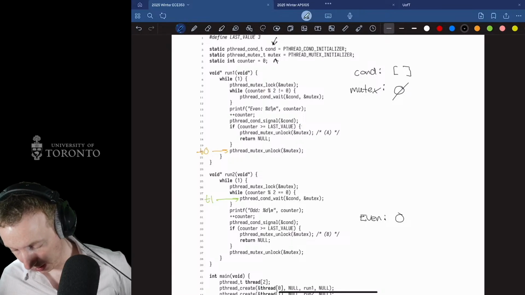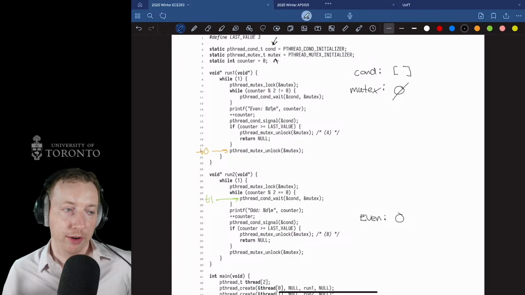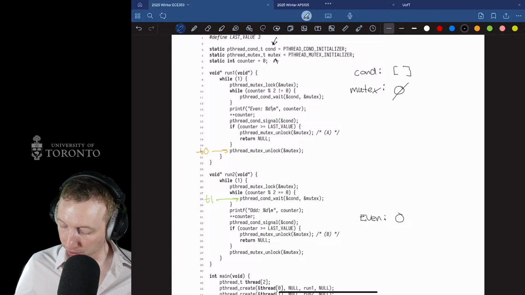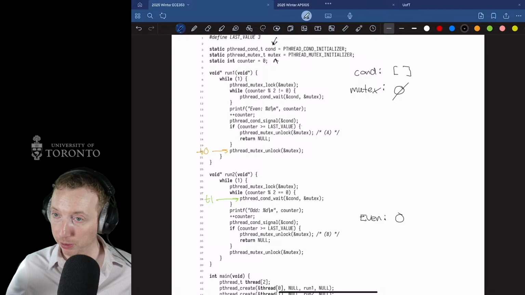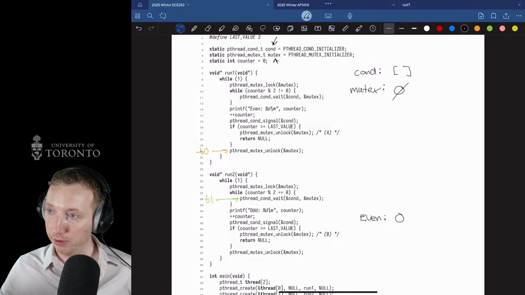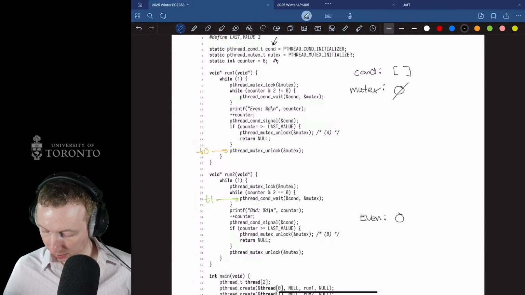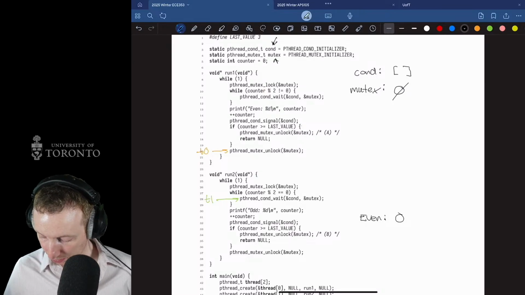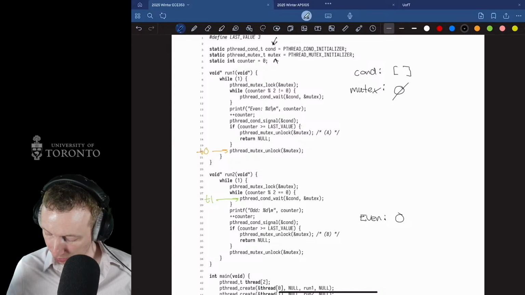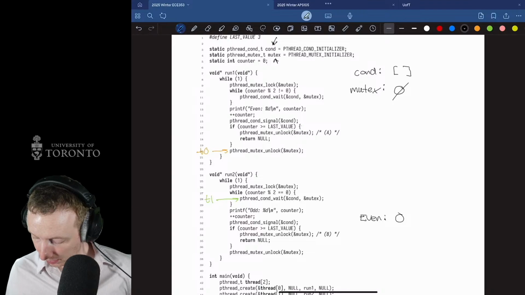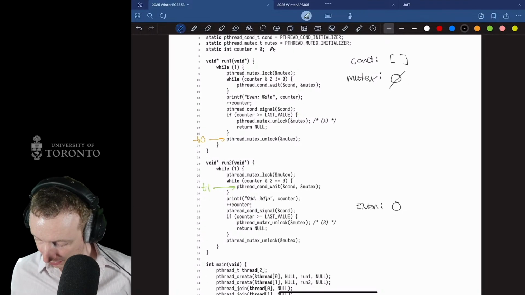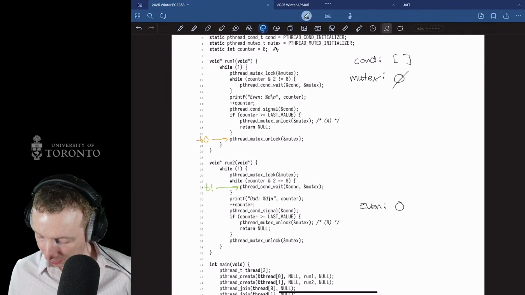So basically, thread 0 is waiting for the number to be even, printing that it's even, and incrementing it. Thread 1 is doing the opposite, right? While the number is even, it's sleeping, waiting for the number to be odd, printing it, and then incrementing the counter. So after getting a feel for it, you can just kind of see what's going to happen. You can kind of do the happy route.